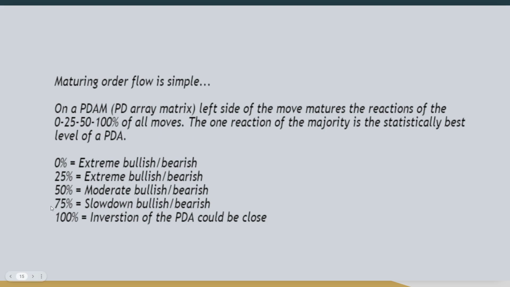You have 75% mark, which overall indicates a slowdown of the bullish or bearish institutional order flow, right? And you have 100% mark, and if it closes at the 100% mark of that PD array, it could be inversed, and your best choice is to overall close the trade. And now we're talking about closes of bodies.